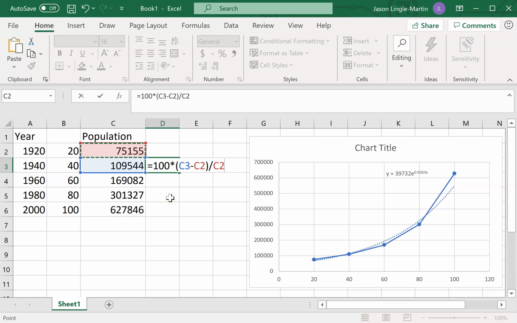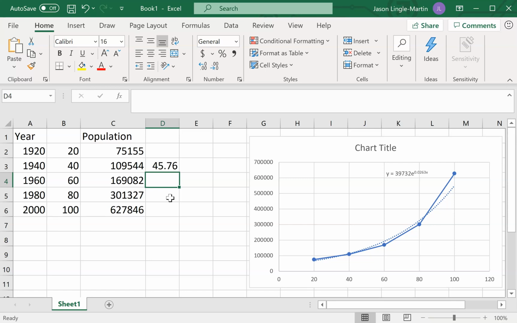And so this will give me the percentage rate between those first two cells of about 45, 46%, and I can copy this downward by highlighting a bit of that column and hitting Control D to copy the formula into those lower cells.